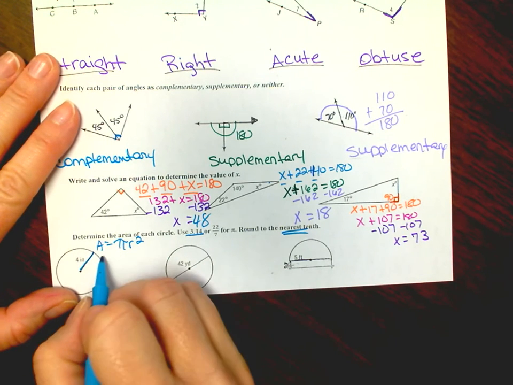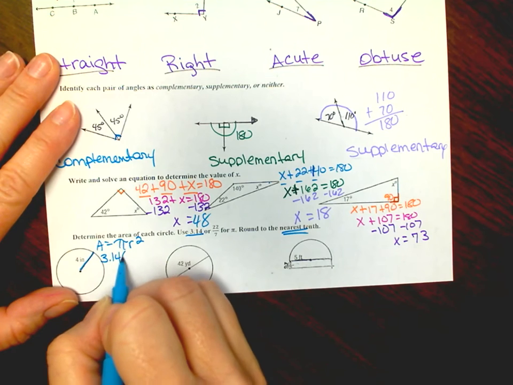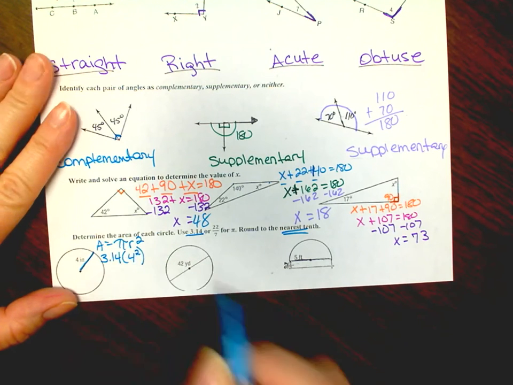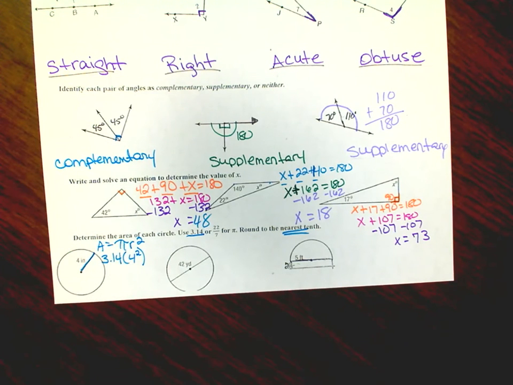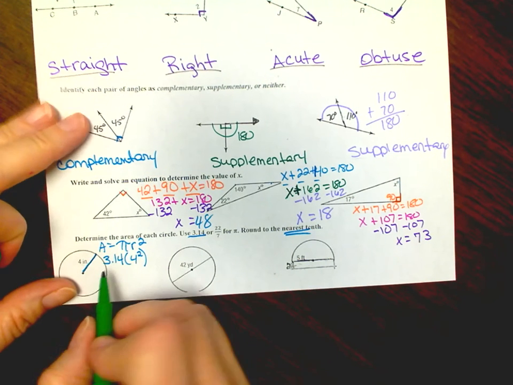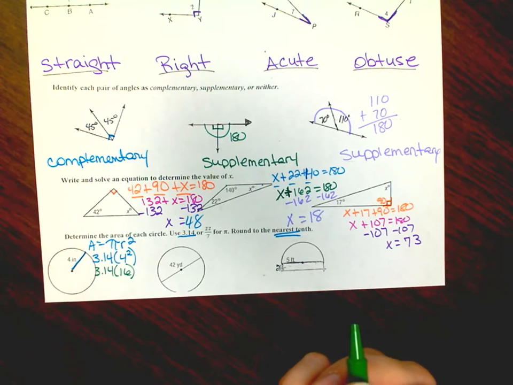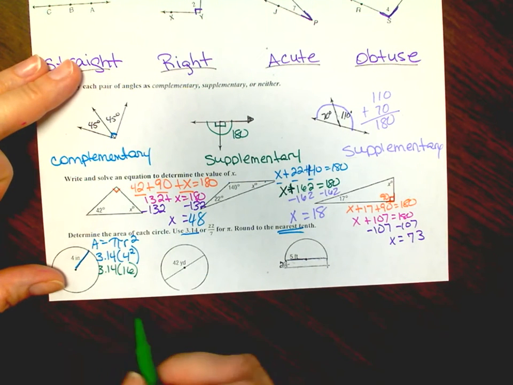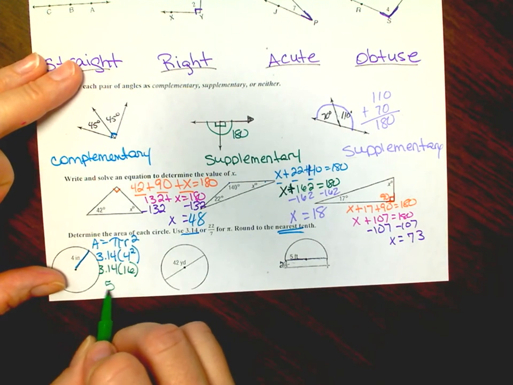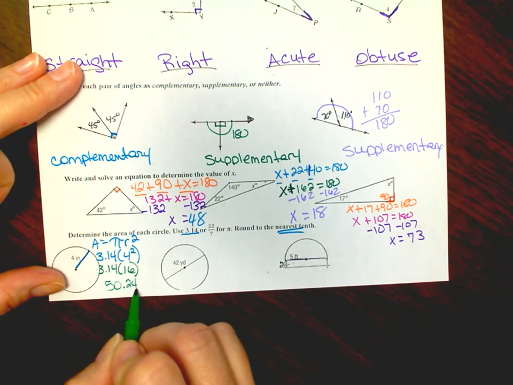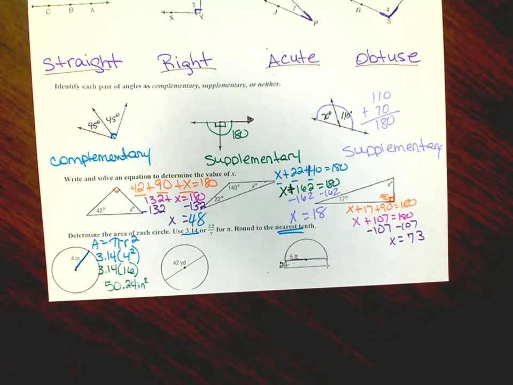And we're going to use 3.14 times 4 squared. So 3.14 times 16, 4 times 4 is 16. When you multiply that out, you should get 50.24 inches squared.